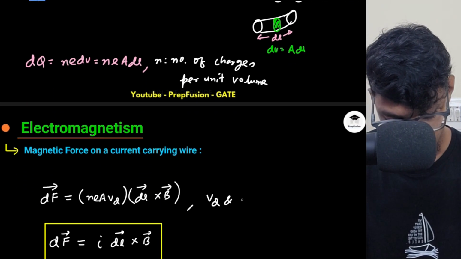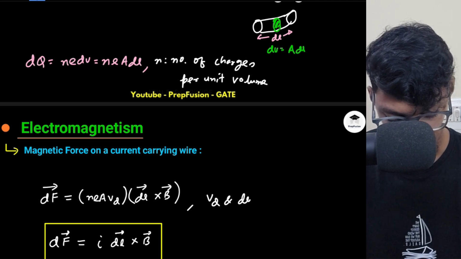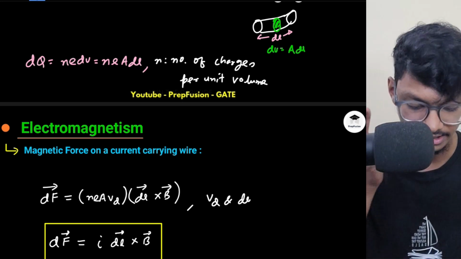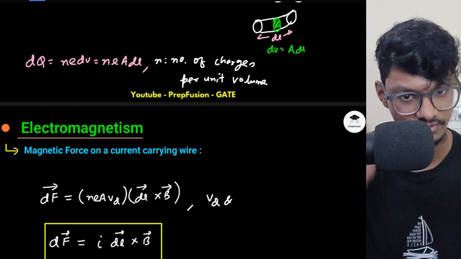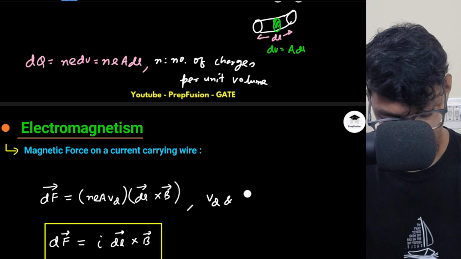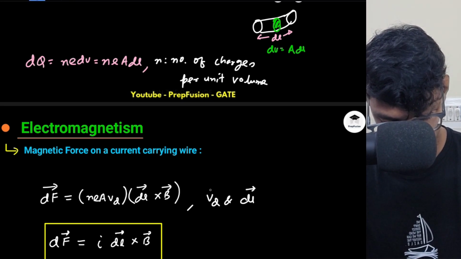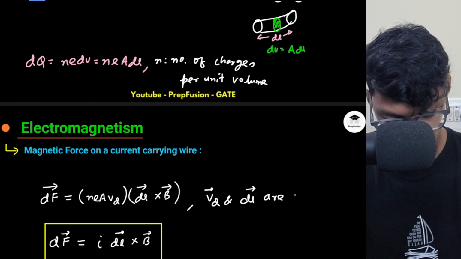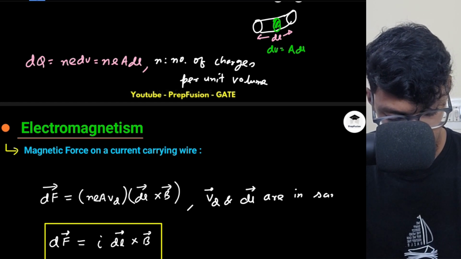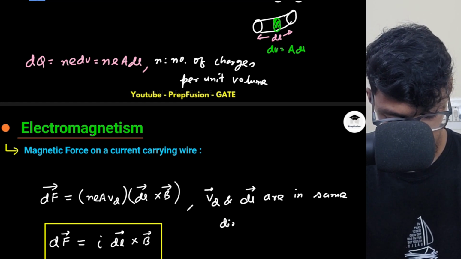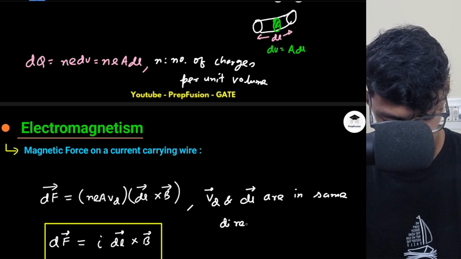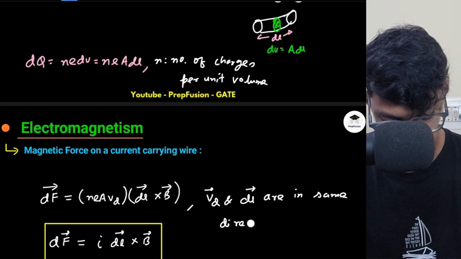Vd and dl are in the same direction, because that is the direction of flow of current, and that is the drift direction of the drift velocity as well.